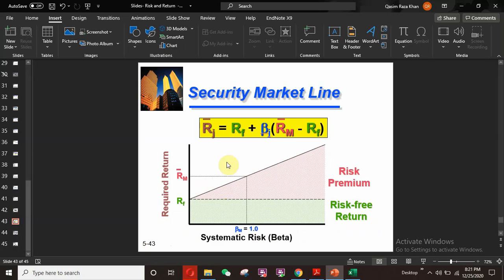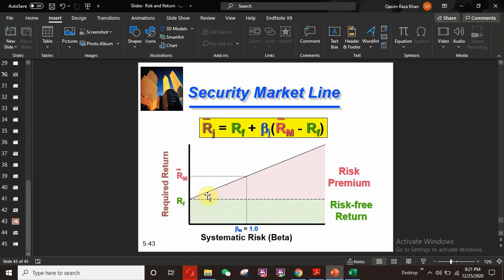So here is the graphical representation of the security market line, also known as SML. On the vertical side there is the required return, and on the horizontal side there is the systematic risk, and this is the risk-free rate. This is the risk-free return. This return is expected by every investor on every investment, by the stockholder.